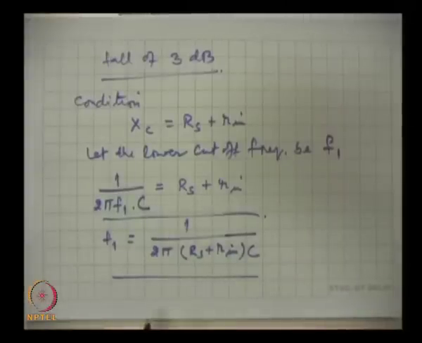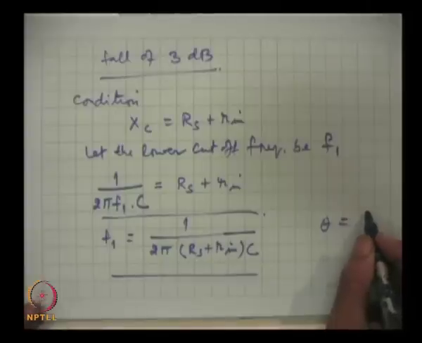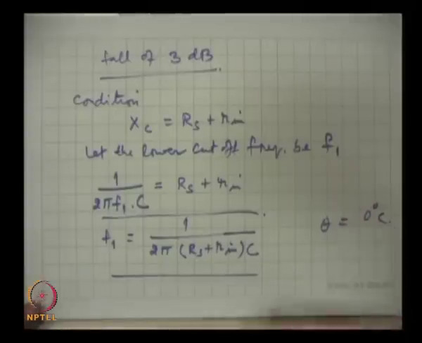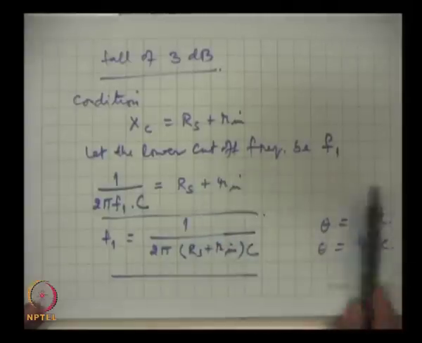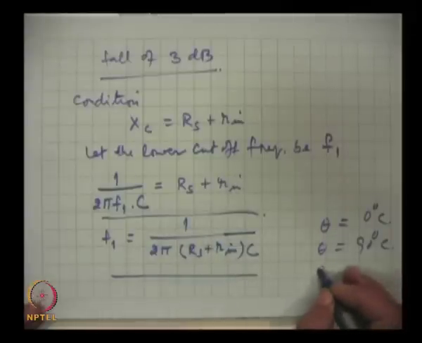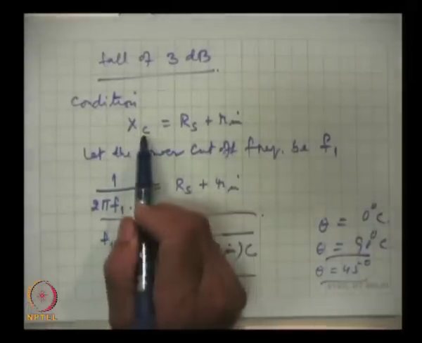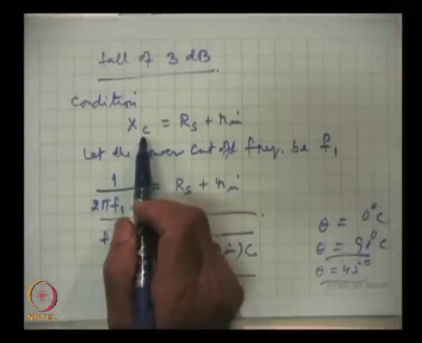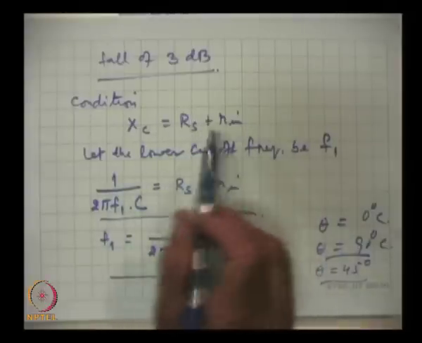At midband, the angle theta was 0 degrees. At the other extreme, theta was 90 degrees. So when we lower the frequency from midband, the point at which theta is 45 degrees is achieved when the reactance of the capacitance is equal to the other series resistances in the circuit.